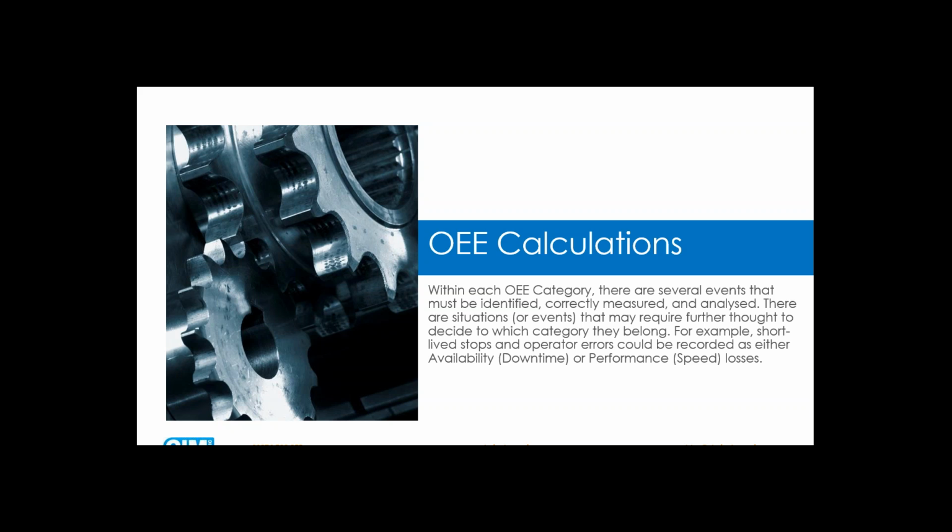So let's take a labeler, for example. Let's say the labeler stopped because you needed to change the reel, splice the reel on to the end of the old reel and so on. It's a function that you need to do because of the setup of the line. The machine isn't in fault, it's not showing any alarm status, you've just got to perform an operation on it. And some people like to group those events together and put them in the performance loss bucket rather than the availability loss bucket.